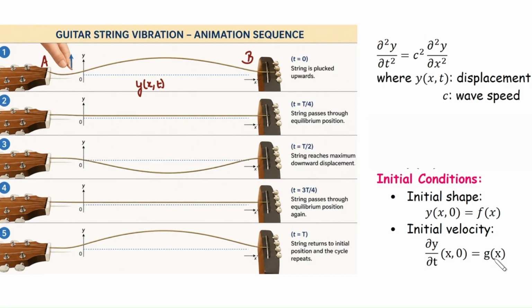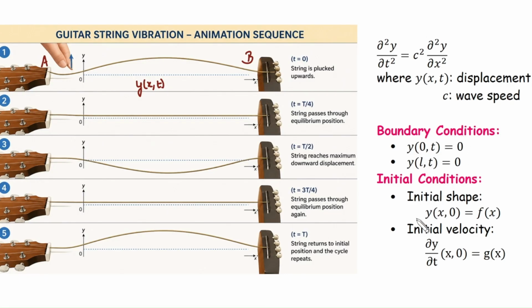On the other hand, we can define the boundary conditions. Boundary condition means at the end points. Since A and B are the fixed end points, the displacement at these points is always 0. It means at every time the displacement at 0 and, suppose the length of the string is L, at L is always 0.